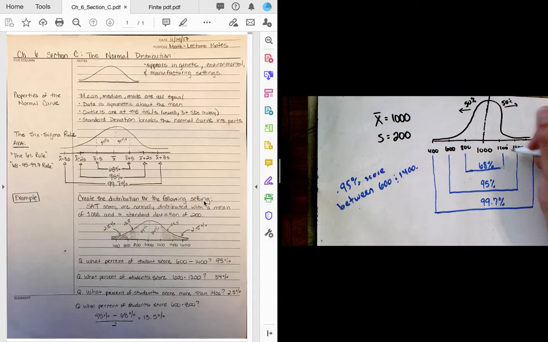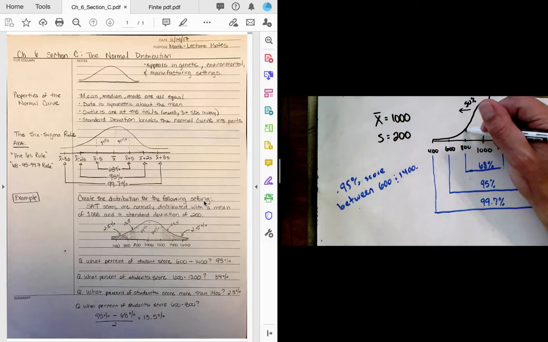So because it ends up right here at the end of this 68%, I know that I want to use 68% in some way in my calculation. Now, if the question asked between 800 and 1200, my answer would be exactly 68. But it asked between 1000 and 1200, and remember that 1000 is that halfway barrier in between these two values.